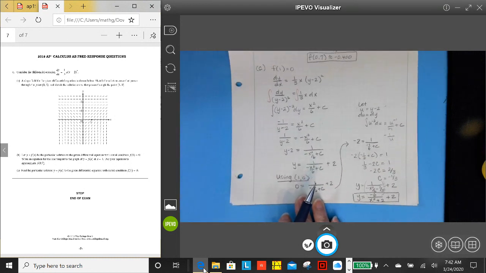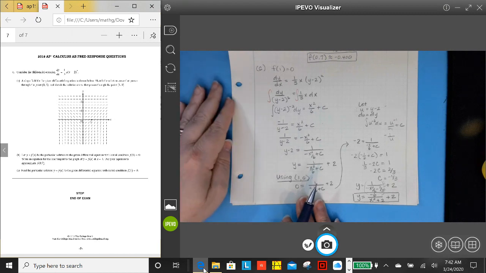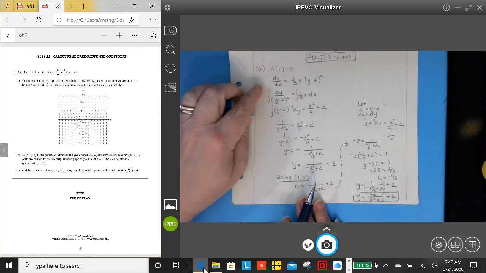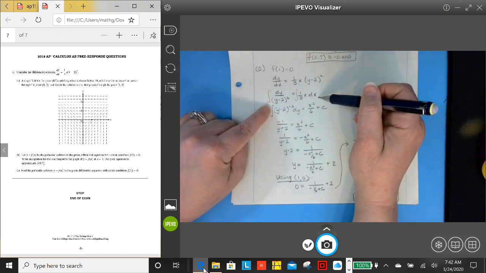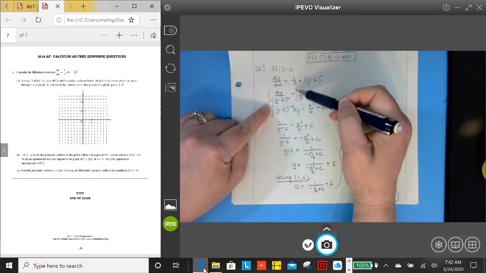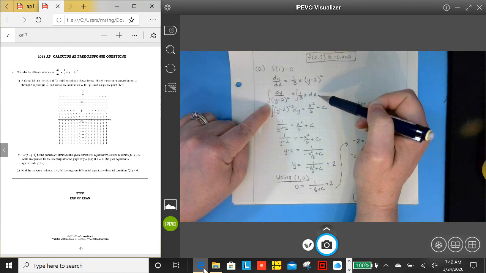All right, so now for part C, which is worth 5 points. So on the AP exam, if you can't do A and B, but you can do C, that might be 5 out of 9 points. So never give up. All right, so you get a point for separating your variables. So if you go from this step to this step before we put the red, magic integral marker in here, you get a point.